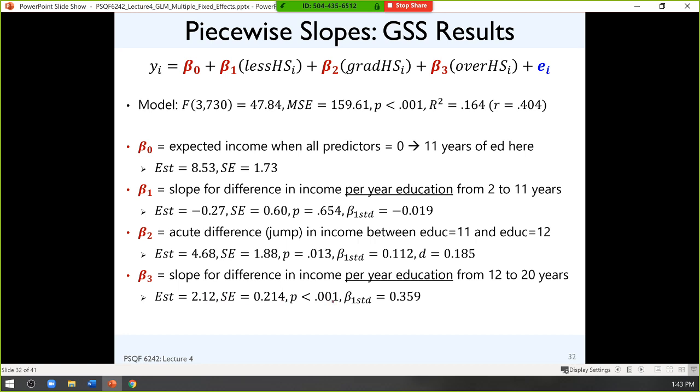And that is also significant. So putting it together, if you don't graduate high school, it's not good. If you graduate high school, that helps. If you get more education than a high school degree, that helps more. And these three effects work together to explain significant variance.